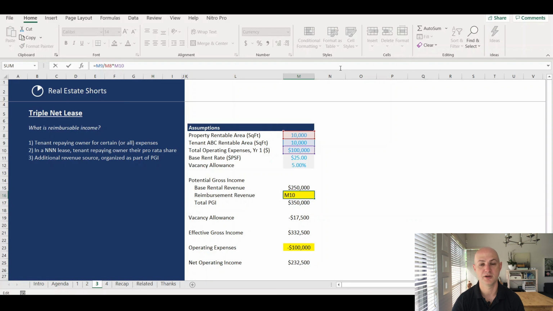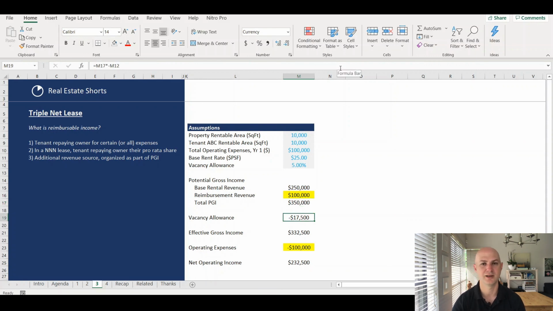So the tenant occupies 100% of the building, 10,000 square feet of a 10,000 square foot total building. So in this case, we'll say the tenant is responsible for paying 100% of the operating expenses. So 100% times $100,000 gives us this $100,000 worth of additional revenue that we should expect to collect from the tenant. The total is $350,000.